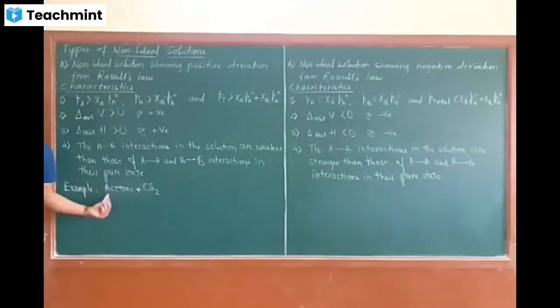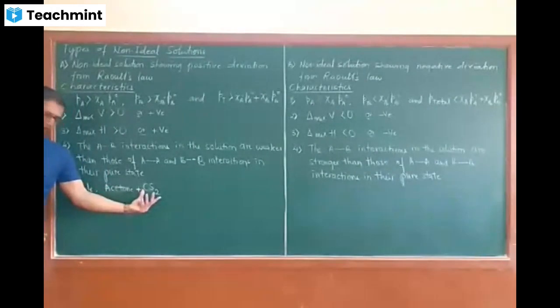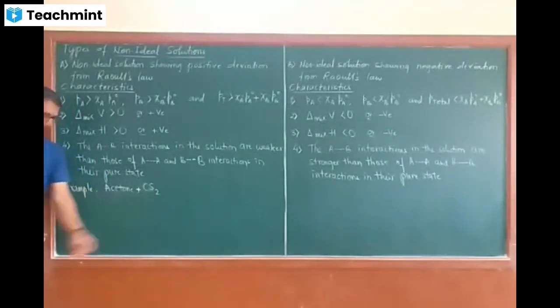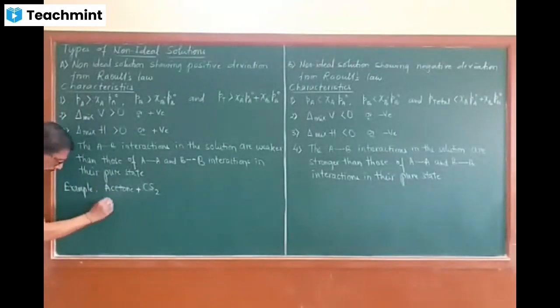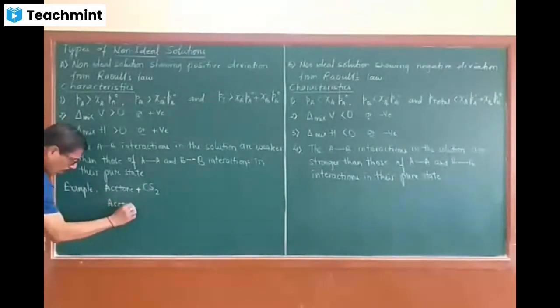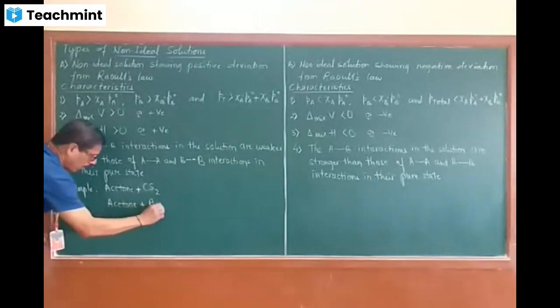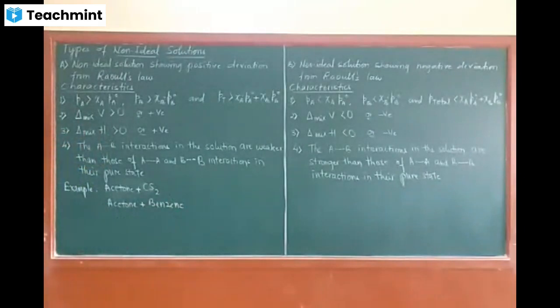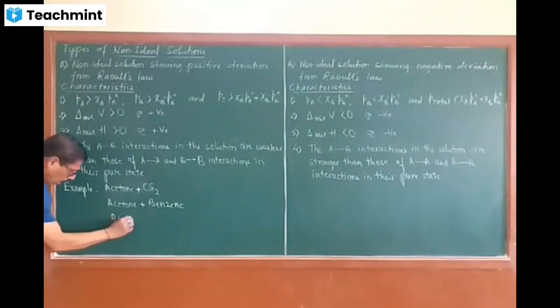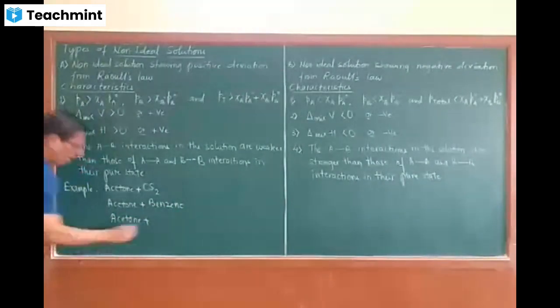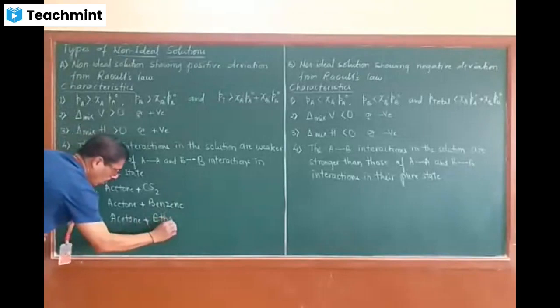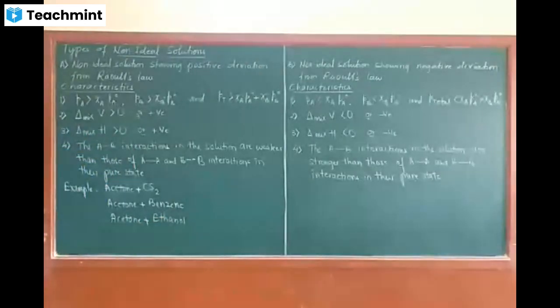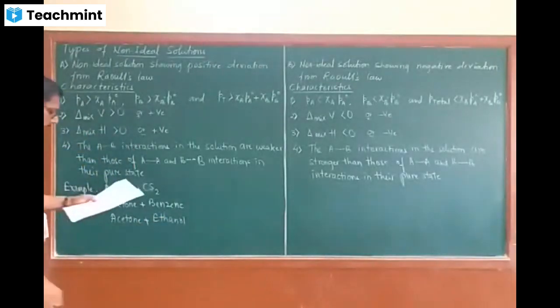A for acetone, CD for carbon disulfide. Then the second one is acetone plus benzene, AB. Next, AE: acetone plus ethanol.